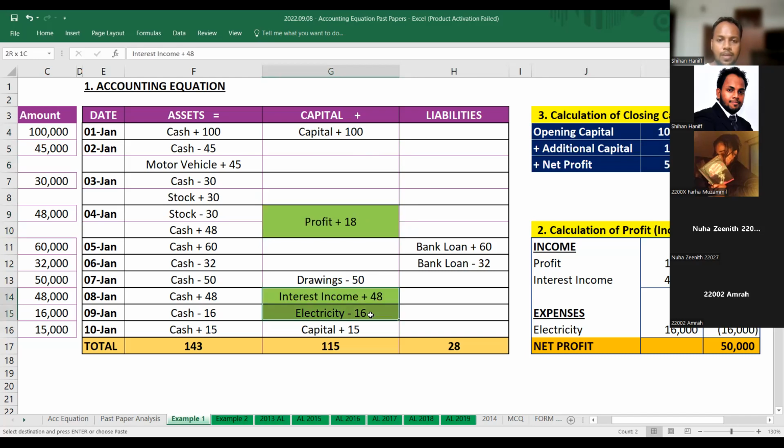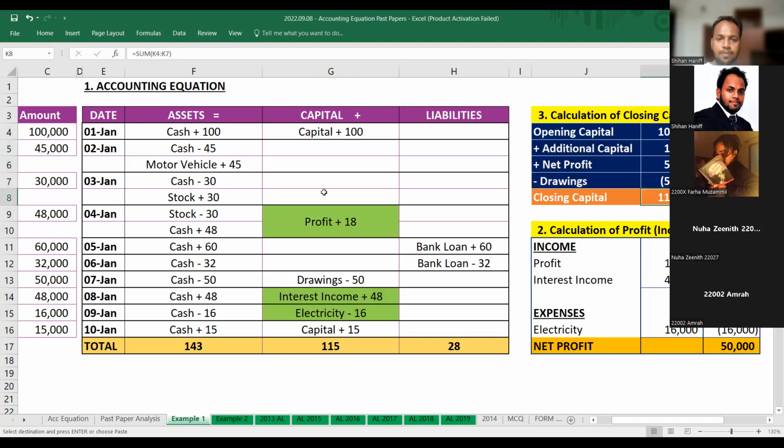So I took these three items. Then the drawings of 50,000. Drawings 50,000. And finally, you get the closing capital. So these are the main items.